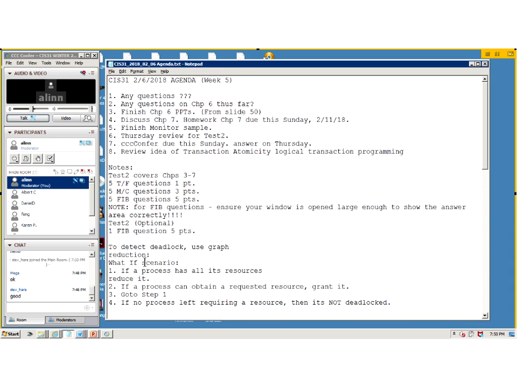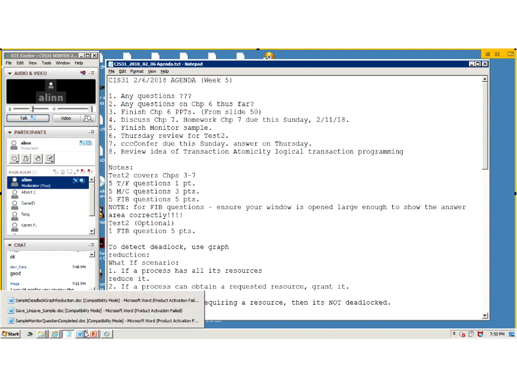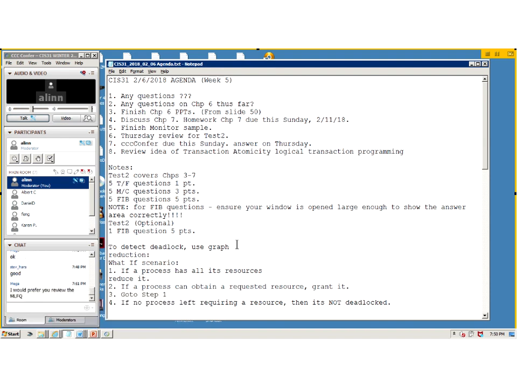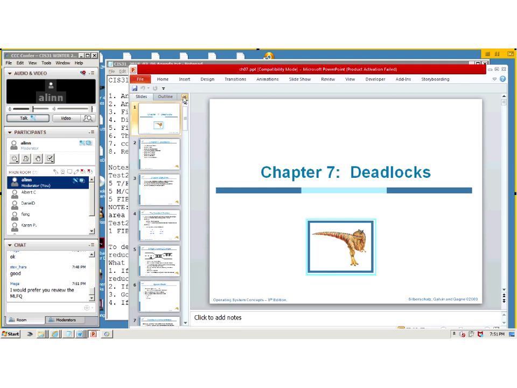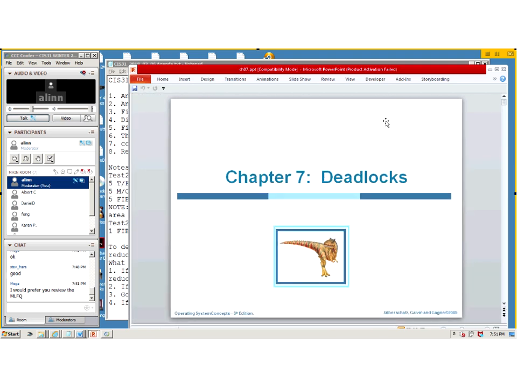Okay, Chapter 7, it is a cool chapter. The multi-level feedback queue, I'll do that on Thursday, okay? But I need to spend some time on Chapter 7 with you guys, because there's a bit of material in here that's of high interest.